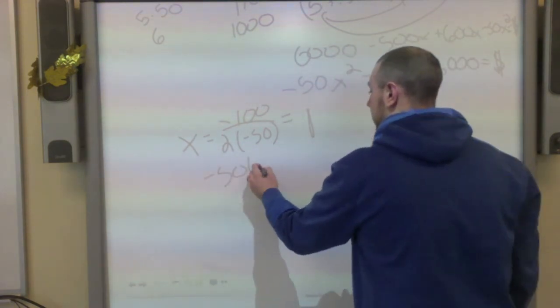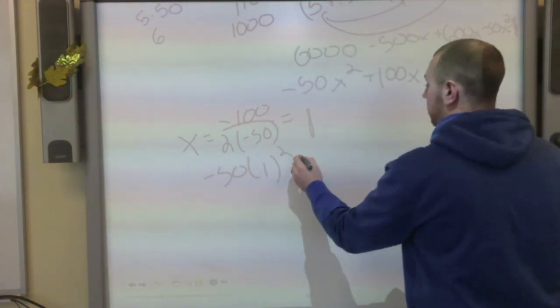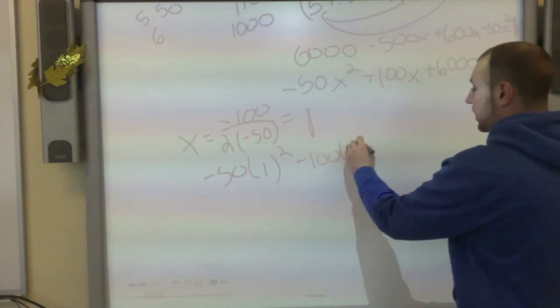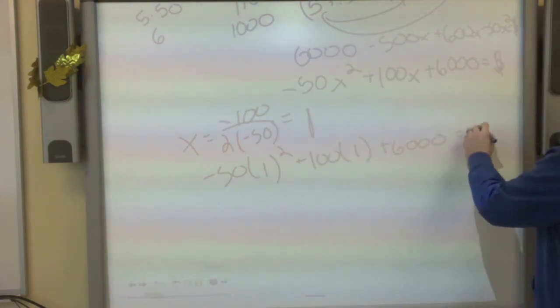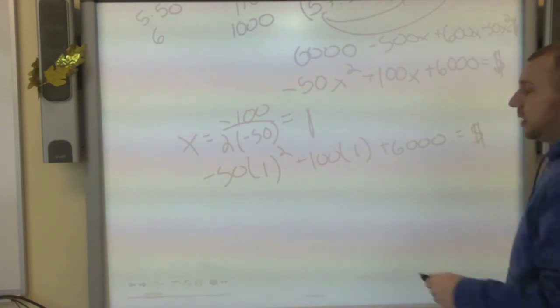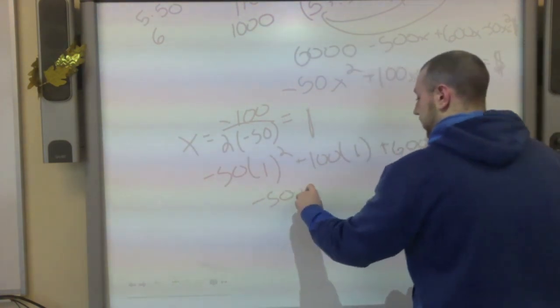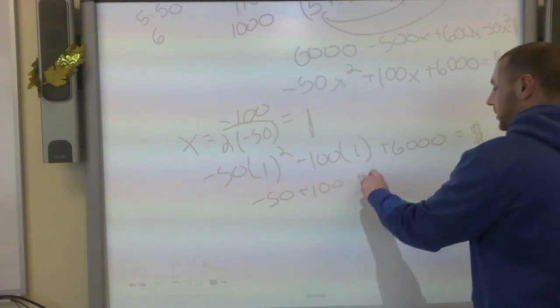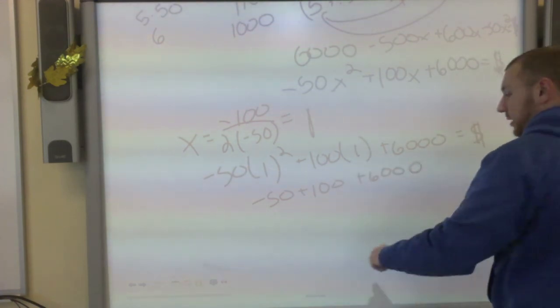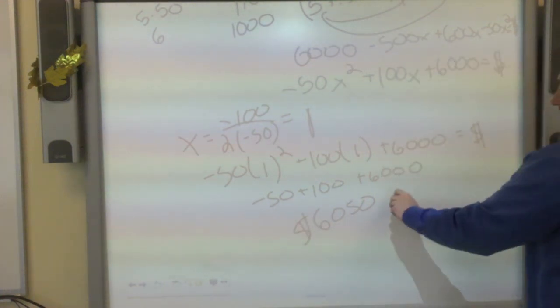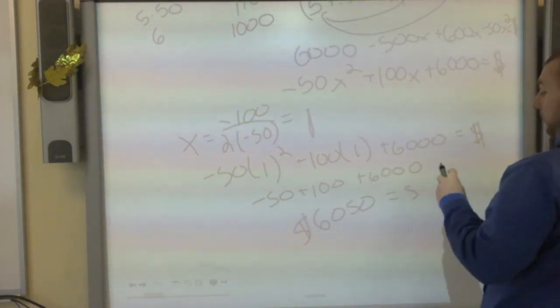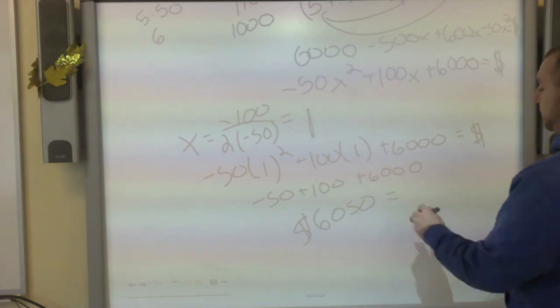Negative 50 times 1 squared plus 100 times 1 plus 6,000 equals my money. So negative 50 plus 100 plus 6,000. That's going to be $6,050. That's going to be my max profit.